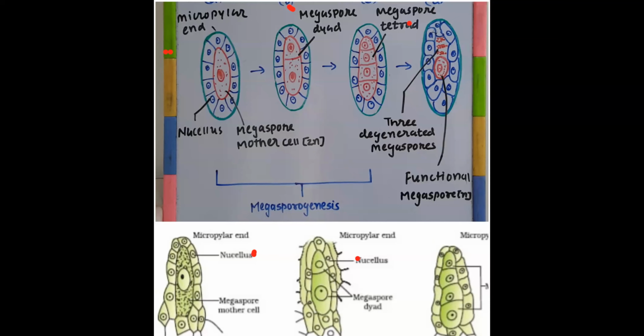This diploid megaspore mother cell undergoes meiosis and forms four megaspores, called the megaspore tetrad. Are they haploid or diploid?